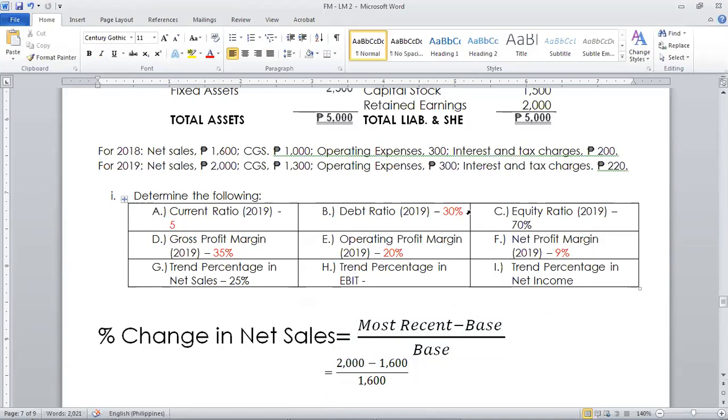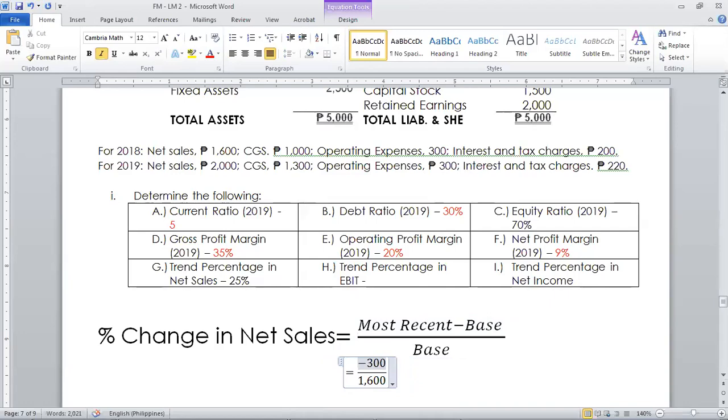Okay. So our EBIT here is sales less cost of goods sold less operating expense. How much is that? 300 for 2018, then 400 for 2019. So 300 is the base, and 400 is the most recent.